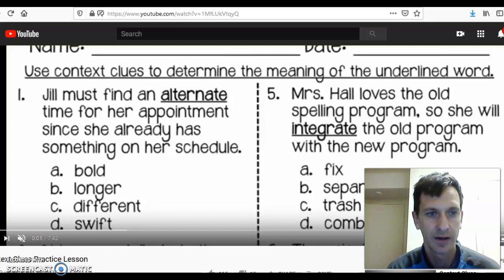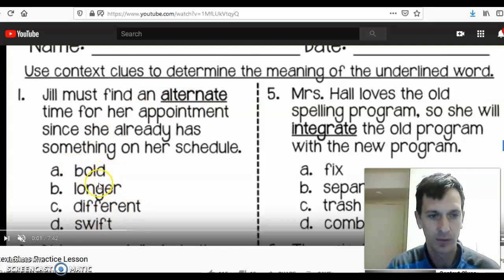Jump into it. Jill must find an alternate time for her appointment since she already has something on her schedule. We're looking for the word alternate. Our context clues are what's happening in the sentence: she already has something on her schedule. So if she's looking for something alternate, she's looking for something bold, longer, different, or swift.